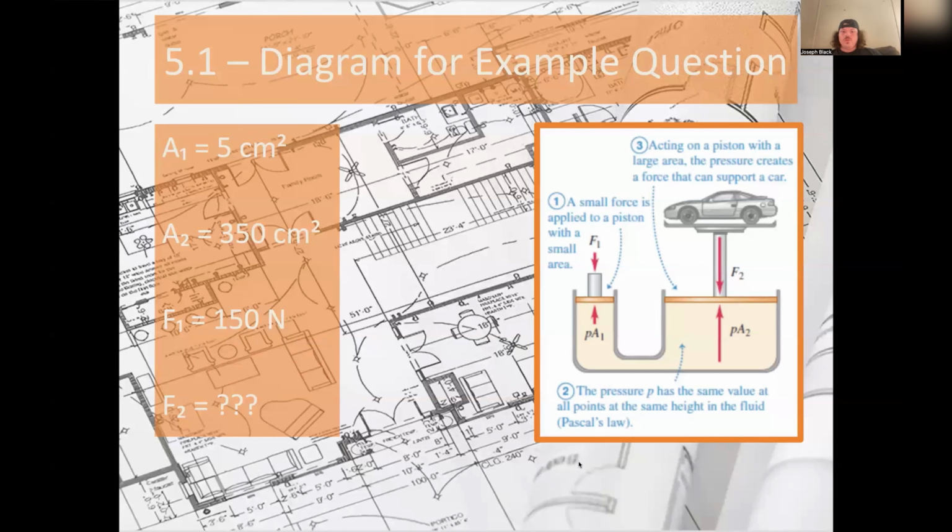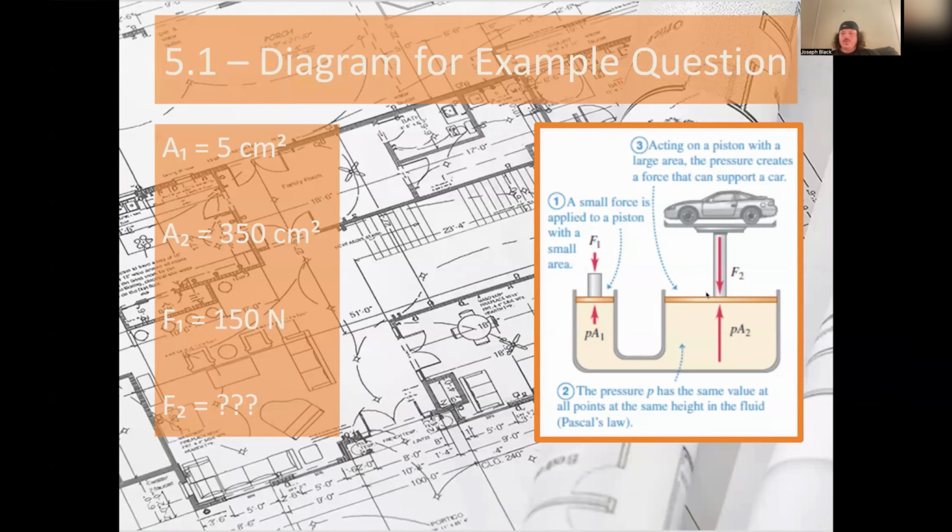All right, so on the right here is our hydraulic lift schematic, and the hand pump piston is right here, which is going to be our A1. The area for that is 5 centimeters squared, and the force pushing on it is going to be F1, which is 150 newtons.